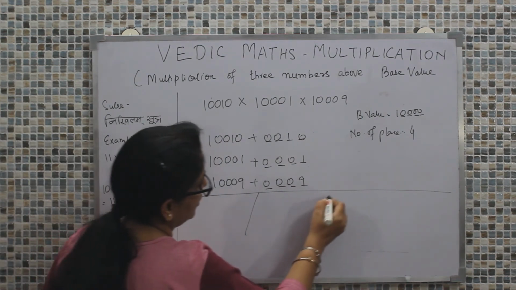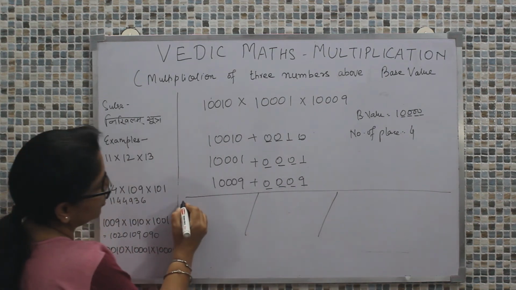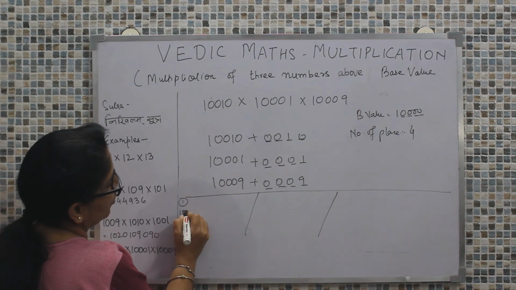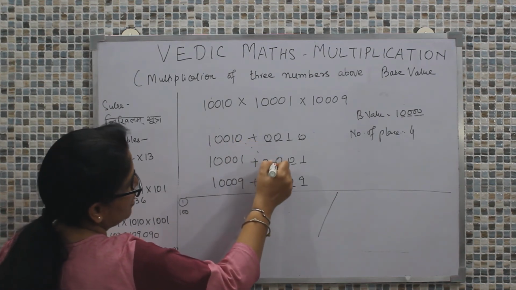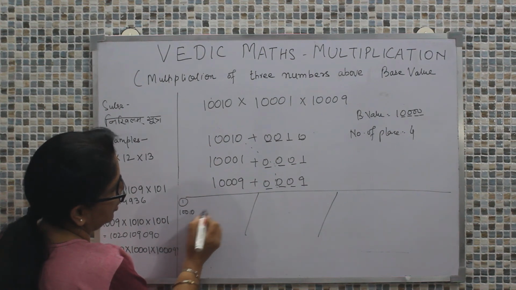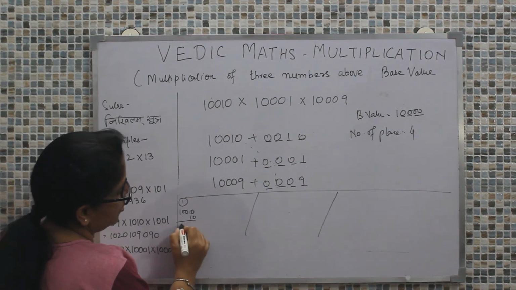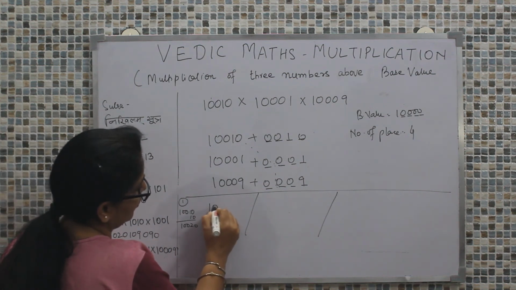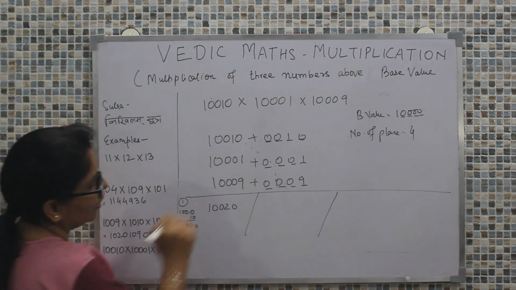Now the first component, the second component and the third component. First component will be this plus this plus this. 9 plus 1 will be 10. So this will be 1020. I have taken one of the combinations.